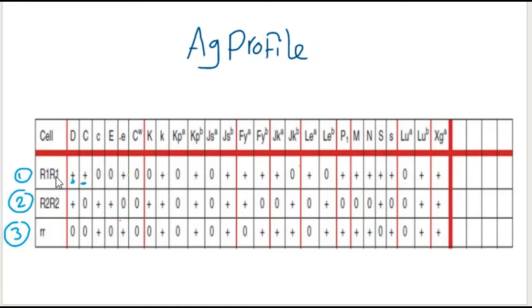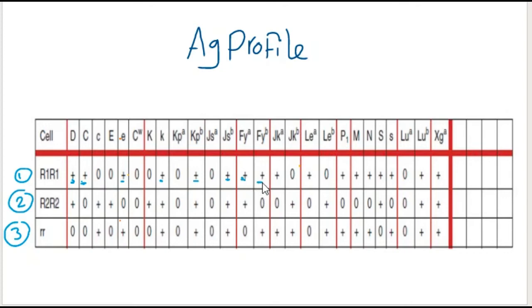So let's see cell number 1. Here the antigen big C is present, but not little c or big E, little e, and small k. And these are other antigens from the Kell system. It is not mandatory for these to be present in cells, but here in this panel, these antigens are also phenotyped.